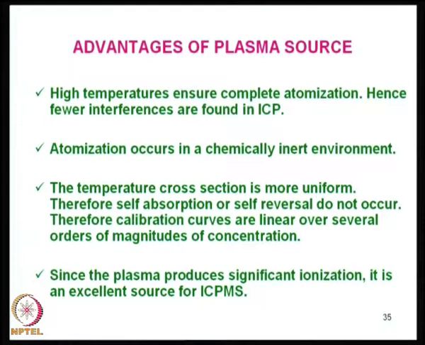I would like you to remember that high temperature always ensures complete atomization. Hence, fewer interferences are always there in ICP, because atomization is almost complete, and the interferences of cyanogen gas and other gases, nitrogen, etc., they are not there.